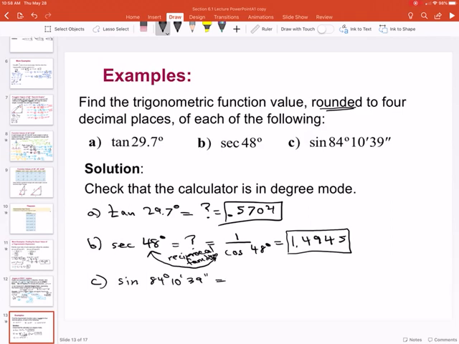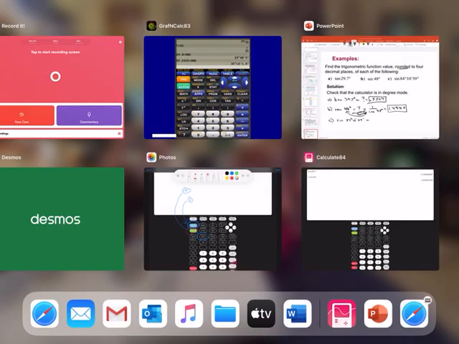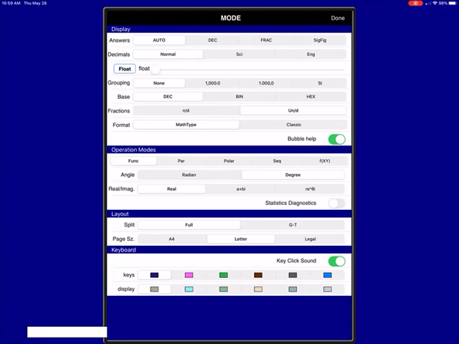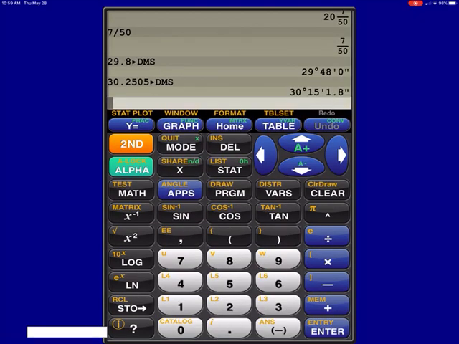So let's go ahead and pull up the calculator. Now I'm going to go to my different version because my other calculator doesn't allow me to type in those on my application. So let's pull this one back up. So in here, I've got to make sure my mode is in degrees. And it is. So I'm okay with this one. But let's type it in. So we've got the sine. So hit your sine key. And then we have 84 degrees, 84.